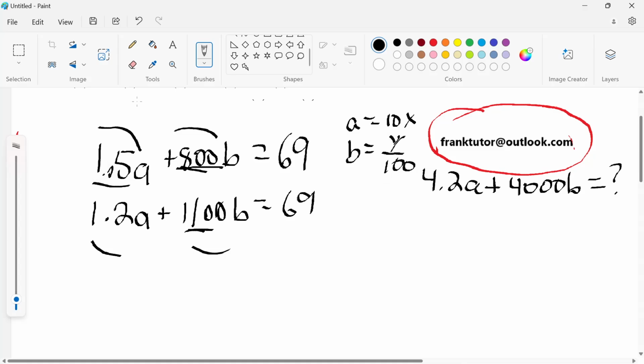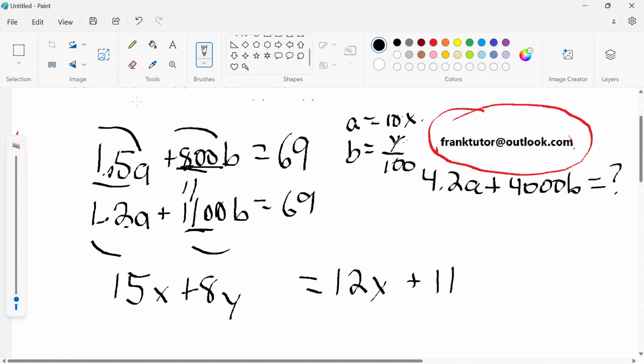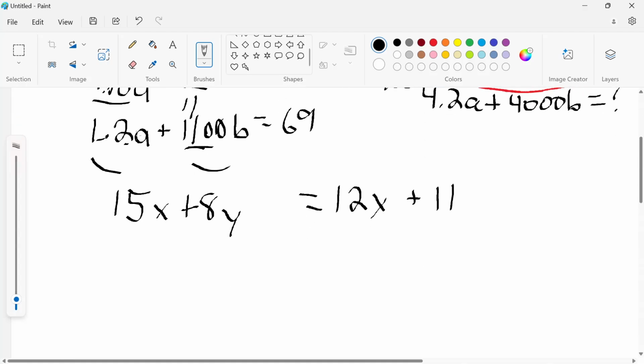And so 1.5 times 10 is 15x. And I'm going to set these two equal to each other. 1.2 times 10 is 12x. And then 800 times y divided by 100 is 8, so plus 8y. And this is 1100 times y over 100. 1100 over 100 is 11. Excuse me, and those two things are equal to each other.